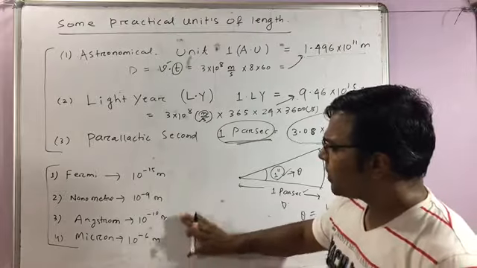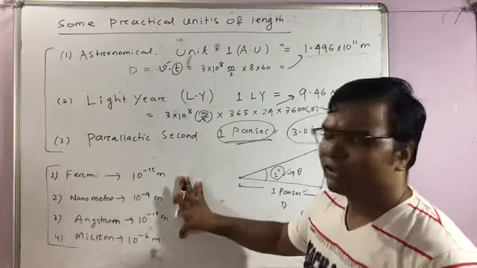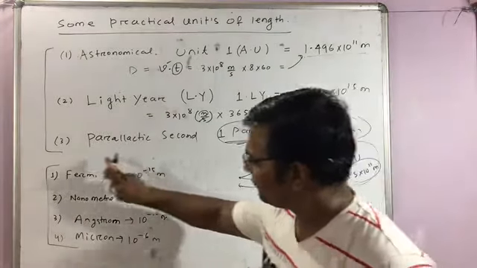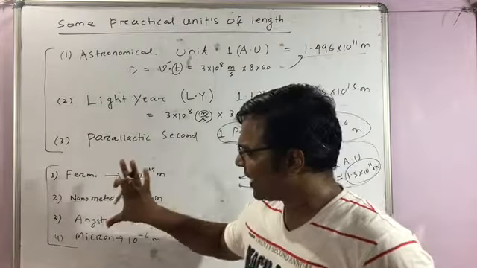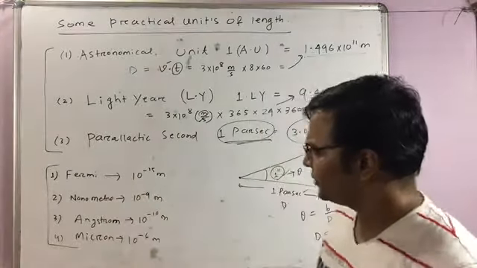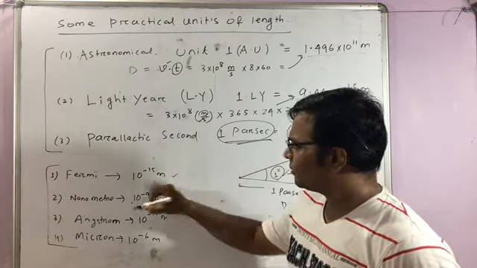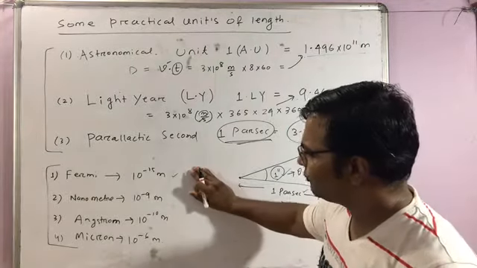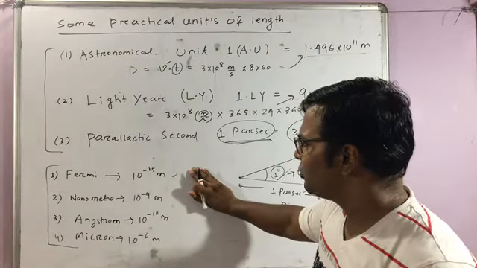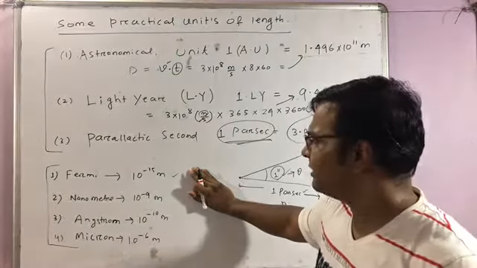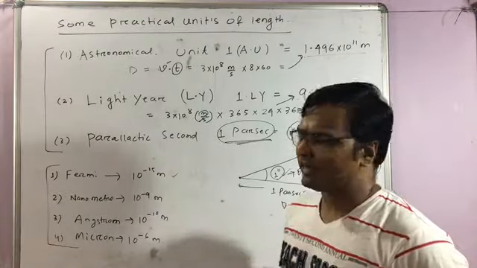Now comes the smaller units of distance. These are used in atomic and nuclear physics. Clear? One is called your Fermi. 1 Fermi is equal to 10^-15 meter. This is otherwise called femtometer.